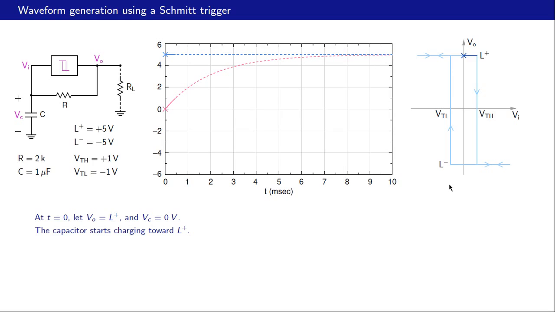Let us look at what is happening with respect to this VO-VI relationship. We started off here at t equal to 0. So our VC or VI was 0. Our VO was plus 5. And now this capacitor has started charging. What does it mean? That means VI has started increasing.